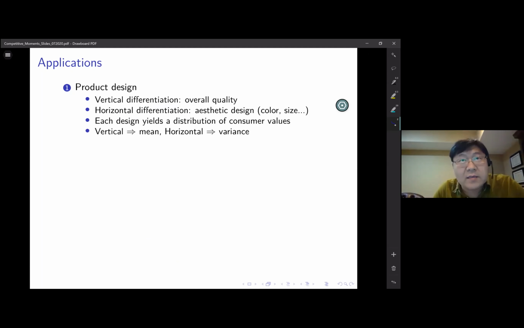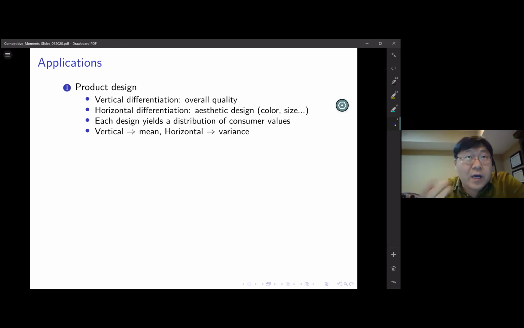You may like a particular color, I may not like that color. So we have different preferences, and that's being captured by horizontal. Now imagine that you are designing a product, meaning that you are thinking about what kind of product to produce. Now you need to think about both of these aspects, the vertical and horizontal. So how can you do that? Well, you can do such an exercise in the Hotelling framework.